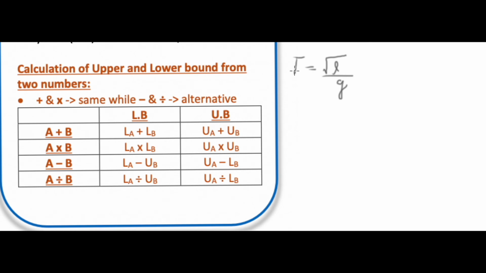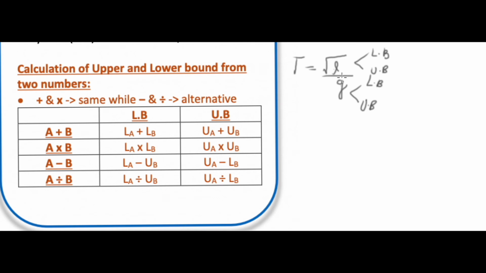And as the time period of the pendulum depends on length and gravity, we have to find first the lower bound of length and upper bound of length, and then the lower bound of gravity and upper bound of gravity, and then we will combine them to find the lower bound and upper bound of the time period.